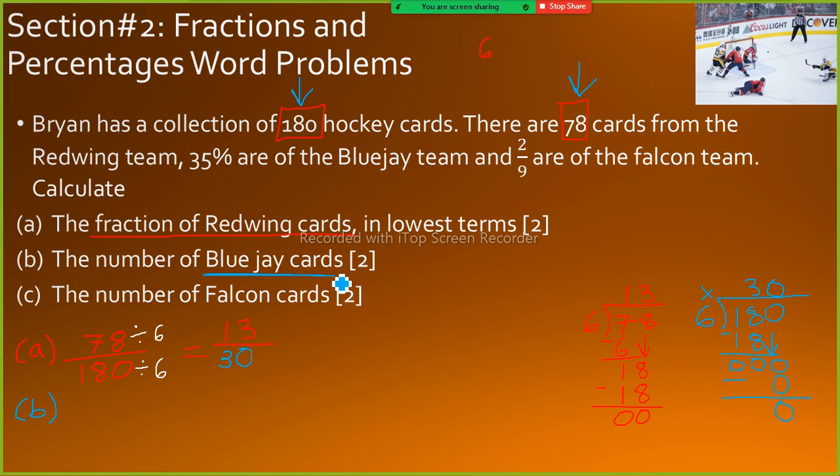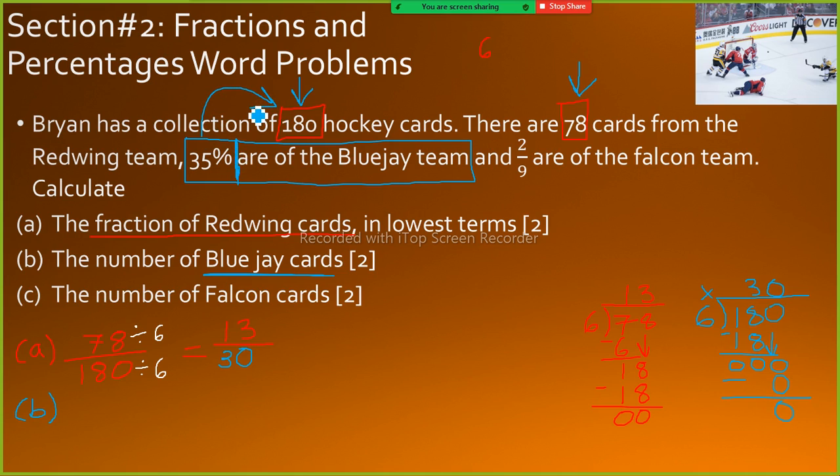So we'll find 35% of 180. Very good. If you look carefully, 35% are Blue Jays. So because I say 35%, we have to use that. And 35% of what? Of 180.